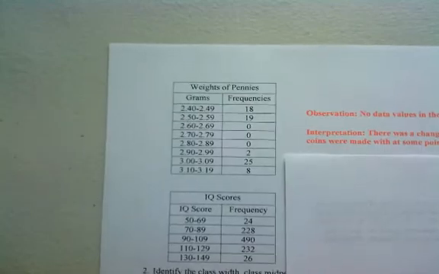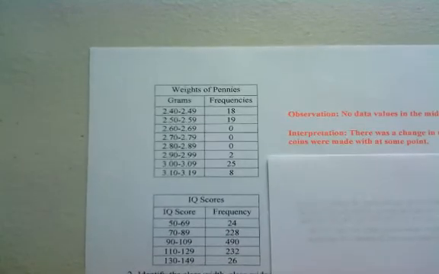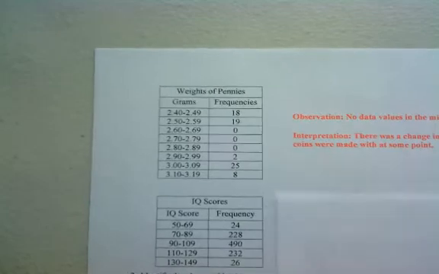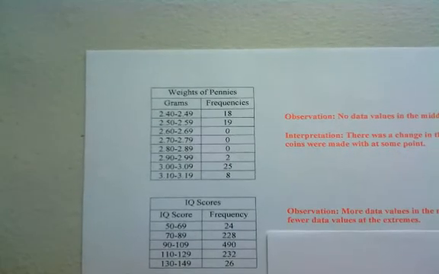All right, last one to look at. We have IQ scores, 50 to 69, we have 24. 70 to 89, we have 228. 90 to 109, we have 490, and so forth. So, again, what might we observe?